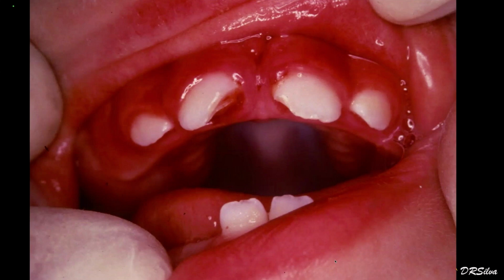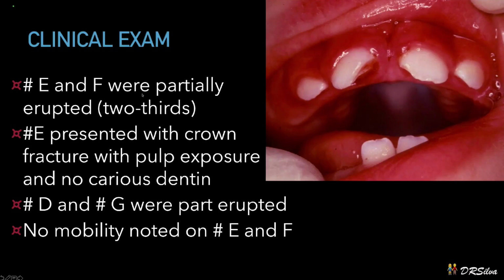This is the child, 13-month-old, and you can see number E presents with pulp exposure. Number F, only the medial incisal edge of the crown is fractured. So E and F partially erupted. F and G partially erupted as well.